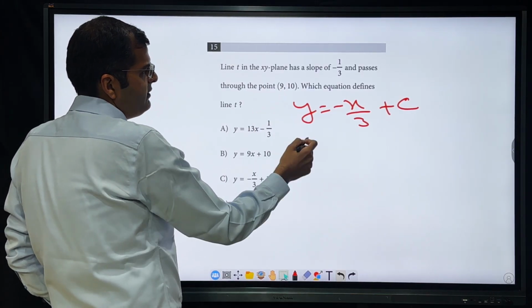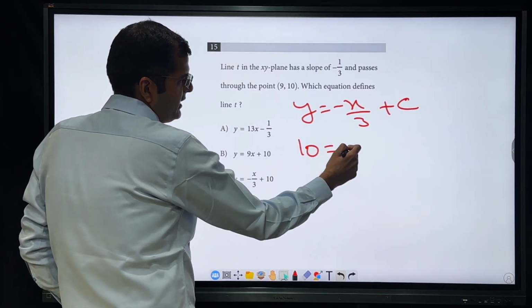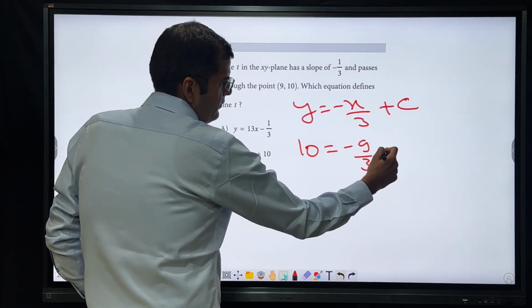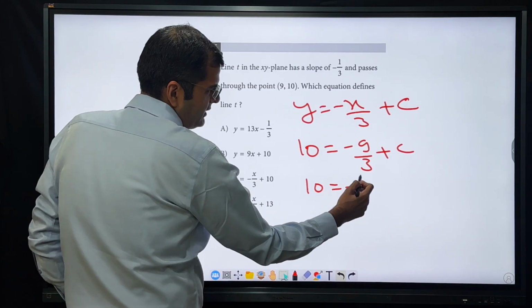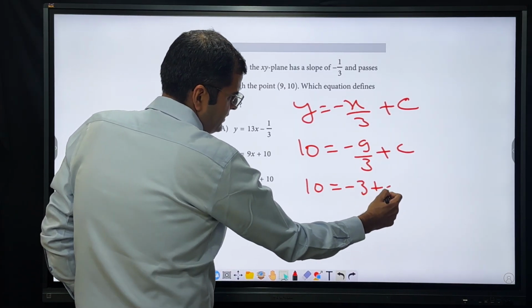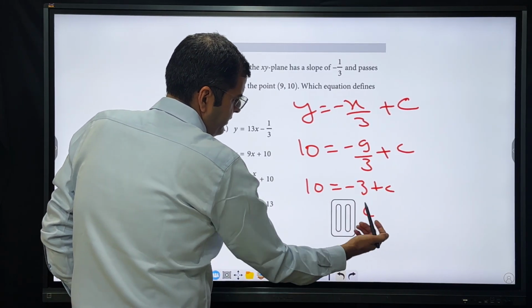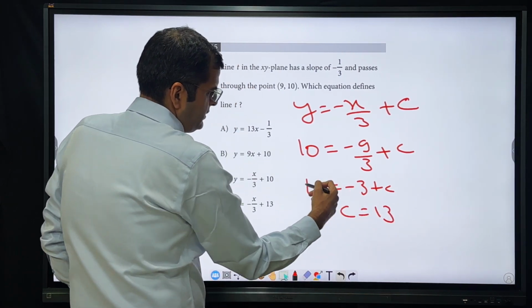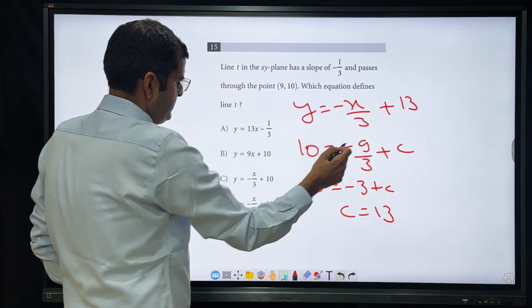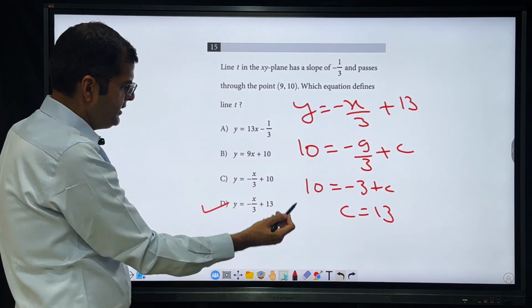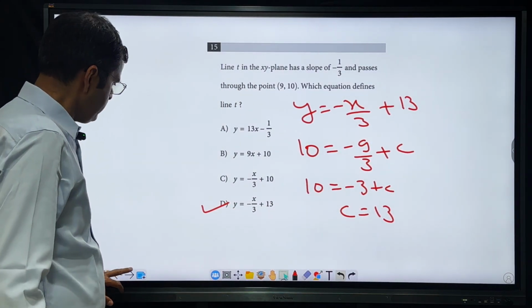So when x is 9, y is 10. So I'll put y is 10 and x is 9 here to find c. So this becomes 10 is equal to minus 3 plus c, or c is equal to 13. So the equation of the line is y equals minus x by 3 plus 13, which is answer option D. That is the correct answer here.